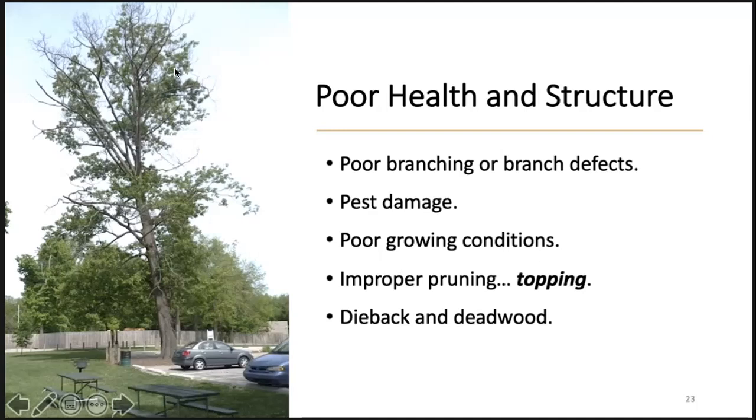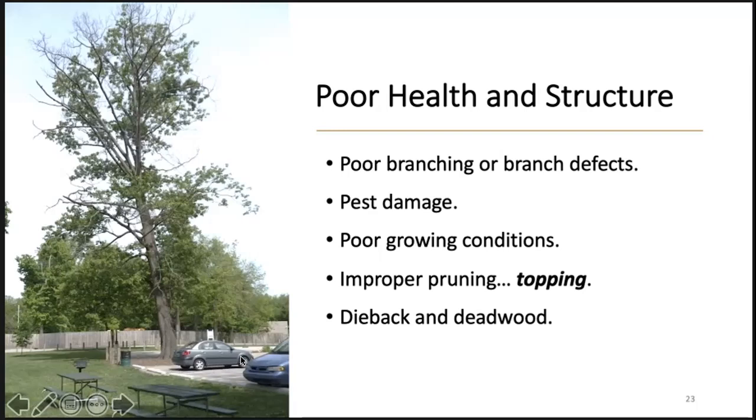Looking for improper pruning, dieback and dead wood. Again, one of the things we also look for, are there any targets? This is actually a park in Noblesville, Forest Park, and determine if there are any targets which are threatened. And obviously we've got picnic tables, a grill, we've got a parking lot.